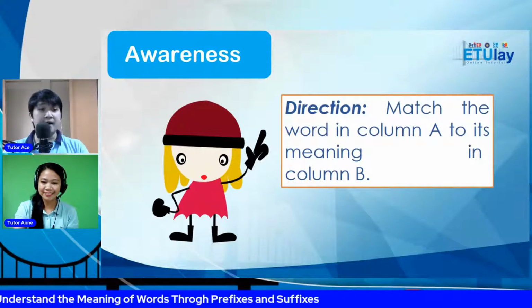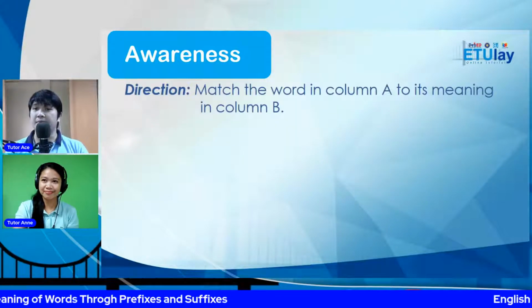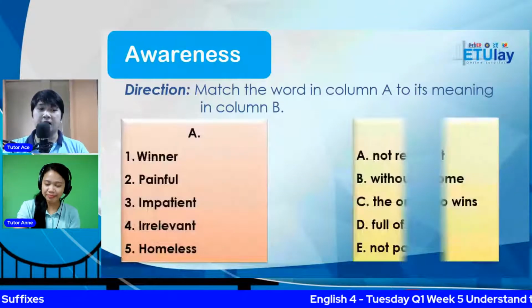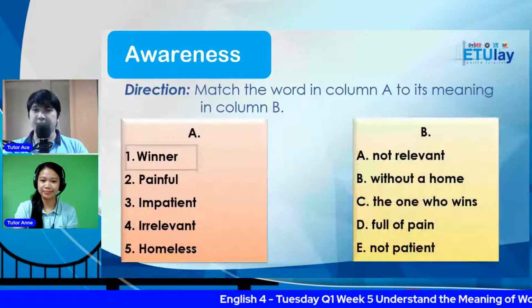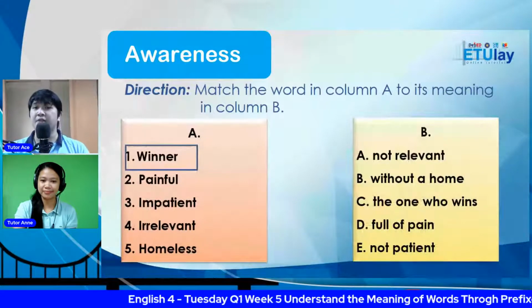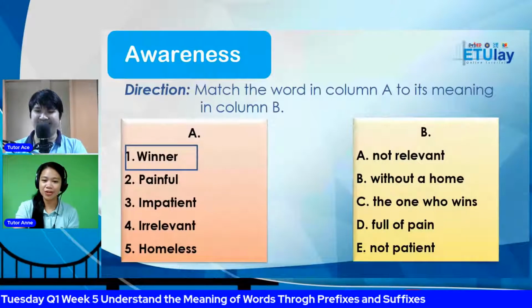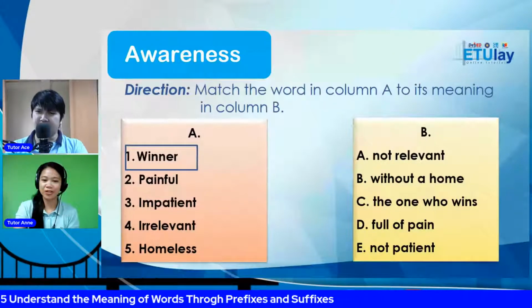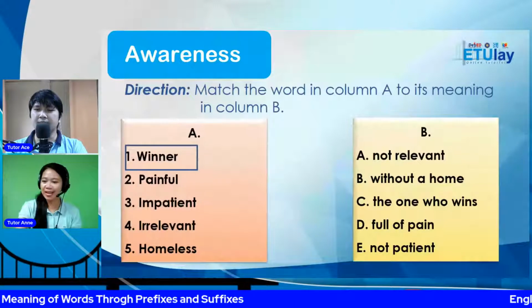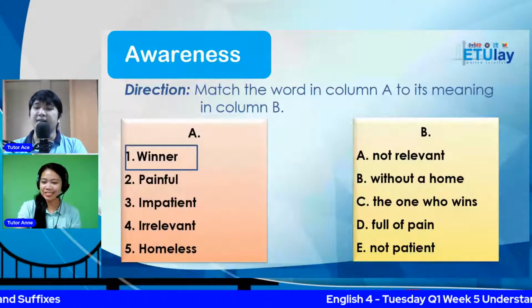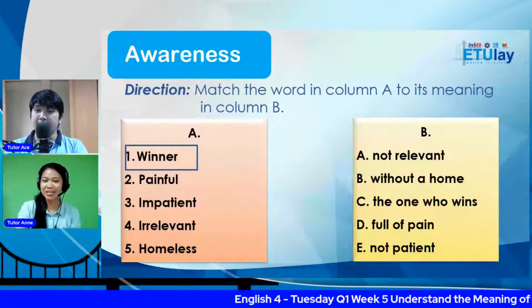Allow me to read the directions for this one. All you have to do is match the word in column A to its meaning in column B. For number one, the word in column A is winner. So what could be the meaning of winner? Let's check our comment section for answers. Which one?